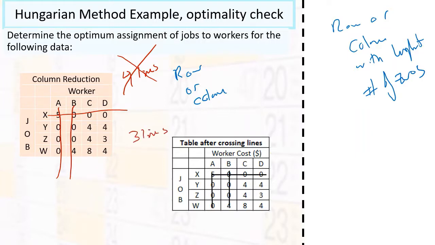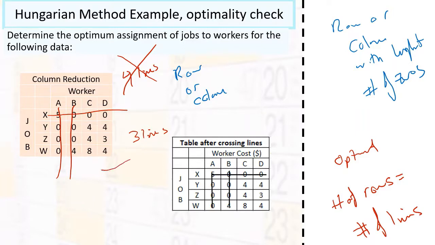This is very important. If you end up with 4 lines, then you're at the optimal solution, because optimality says the number of rows is equal to the number of lines. In our case here, the number of lines is 3, and it does not equal the number of rows, which is 4, which means we haven't reached optimality.